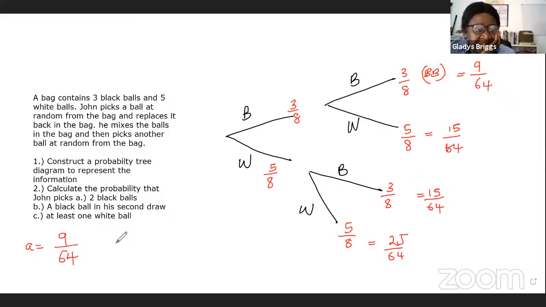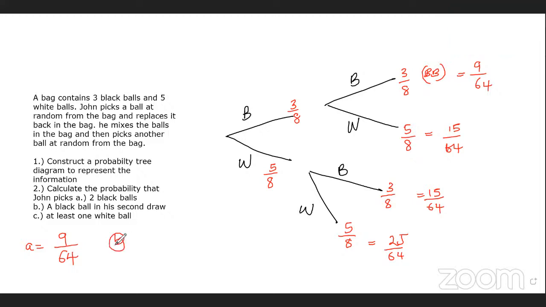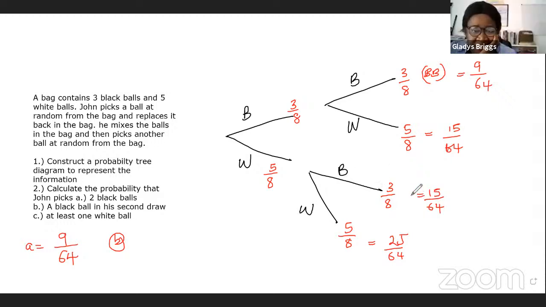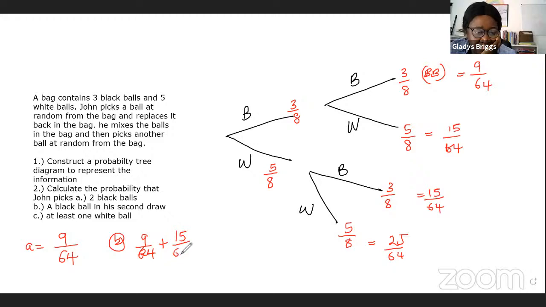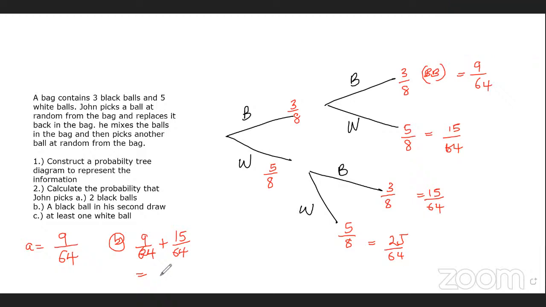And what about B then? B is 24/64. So 9/24 add 15/24. Yes. 24 over 64.